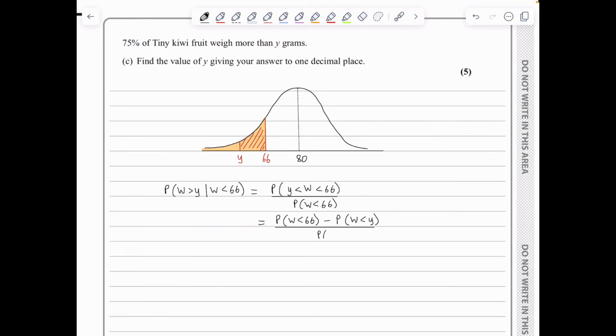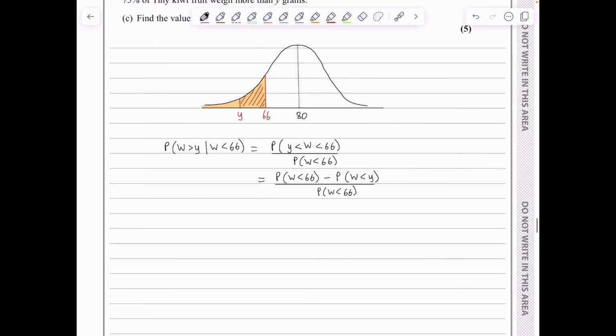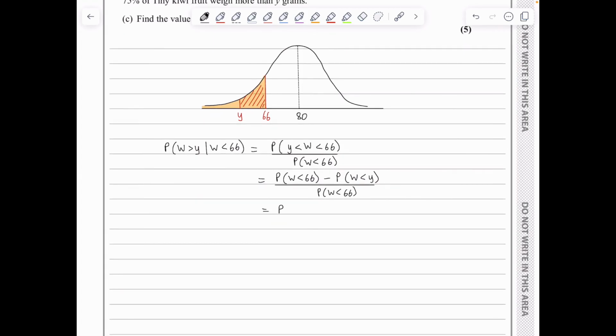I will proceed by standardizing, so we've got the probability of Z being less than 66 minus 80 over 8 minus the probability of Z being less than Y minus 80 over 8, and all of it over the probability of Z being less than 66 minus 80 over 8.